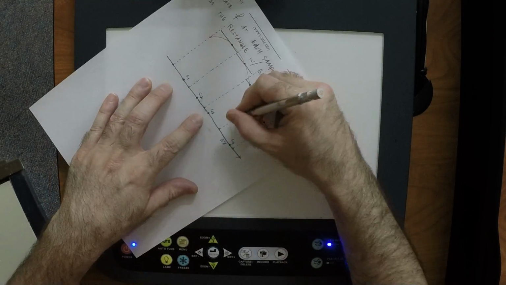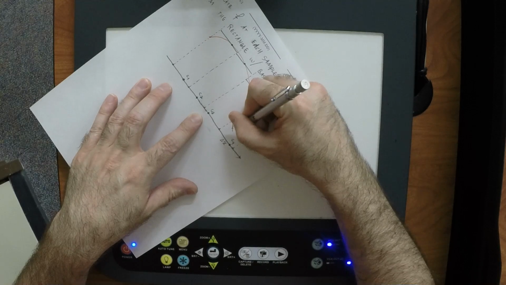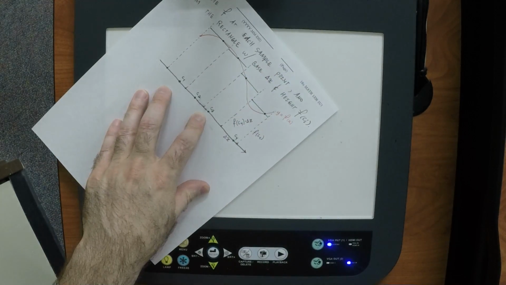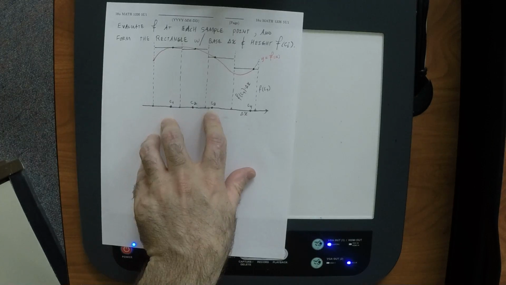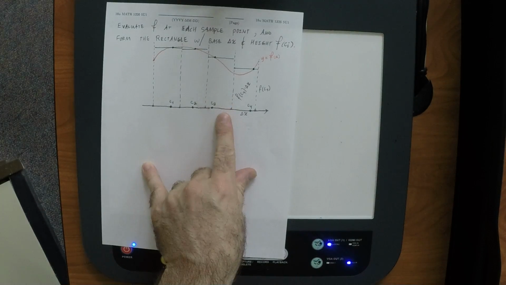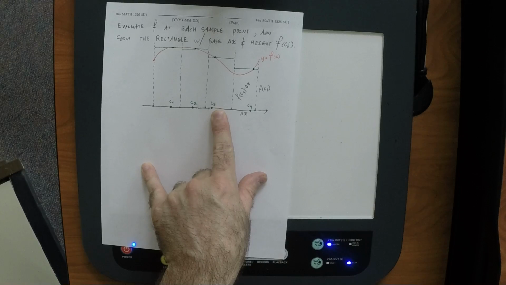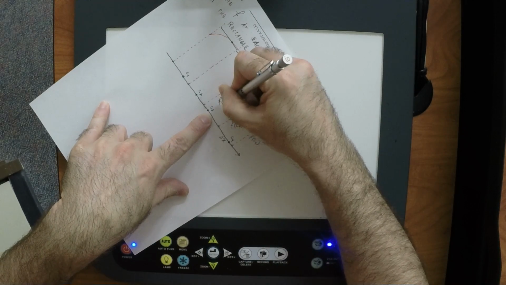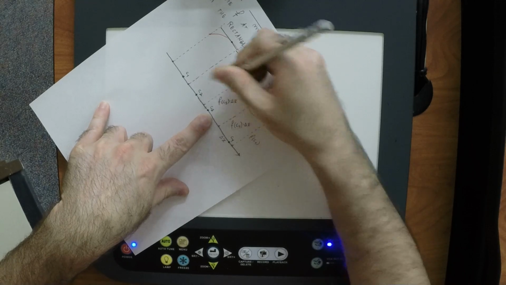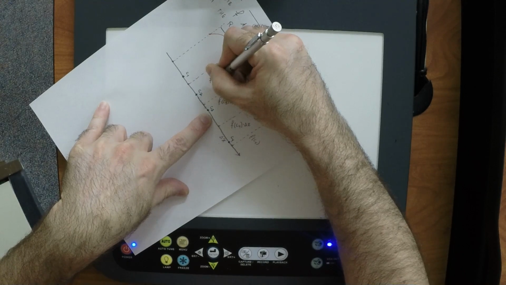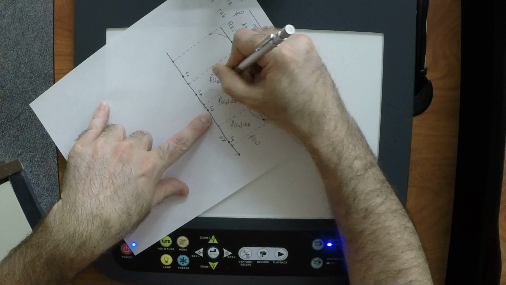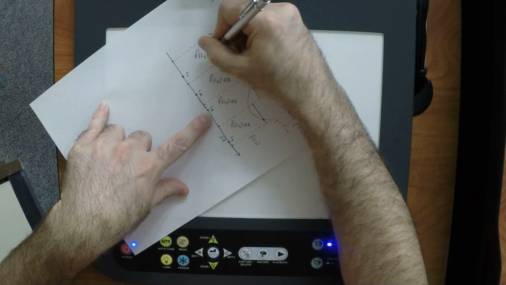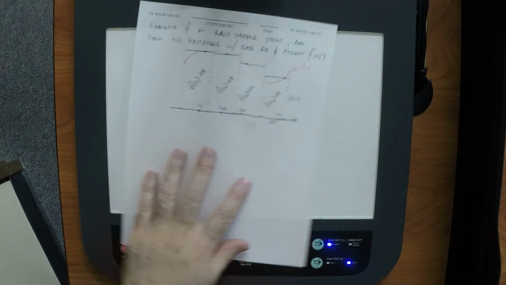Right. So I'll write it like this: its area is f of c4 times delta x. What's the area of this one? This one is f of c3 times delta x, and this one's f of c2 times delta x, and this one is f of c1 times delta x.